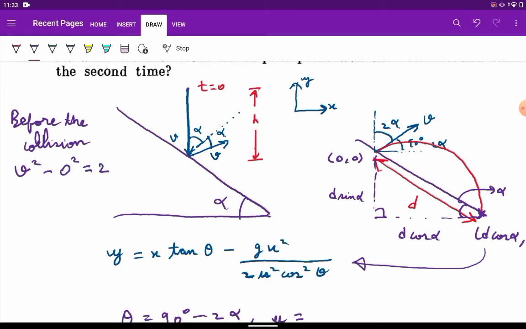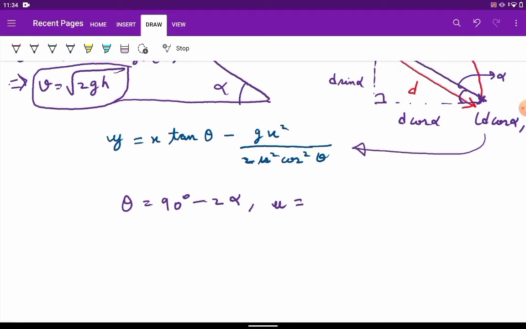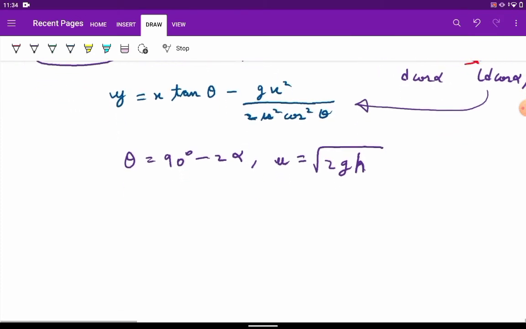Acceleration is in the negative direction, so minus g, and displacement is also in the negative direction, so minus h. So basically this means your v is equal to root over 2gh, right? So u is also equal to root over 2gh, right? And yeah, this is what we need.